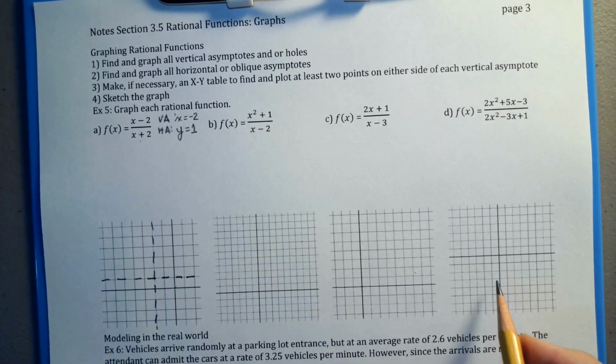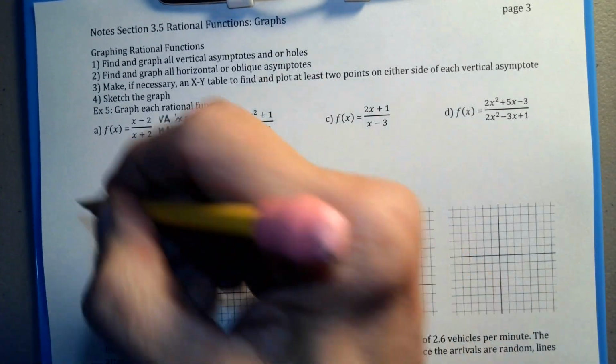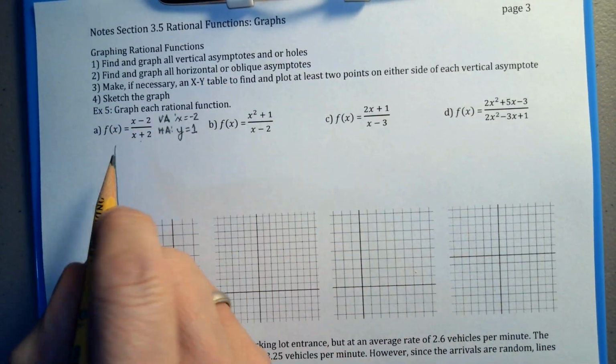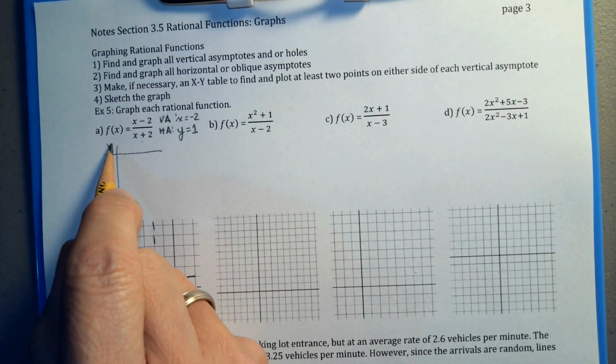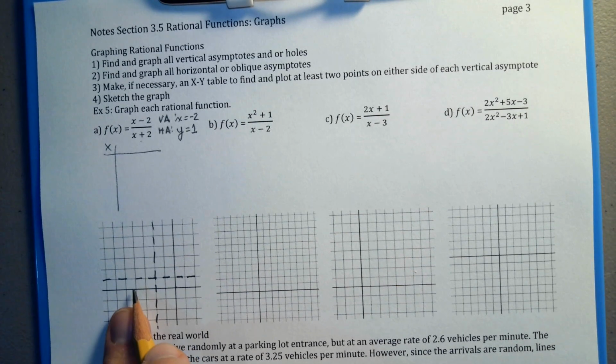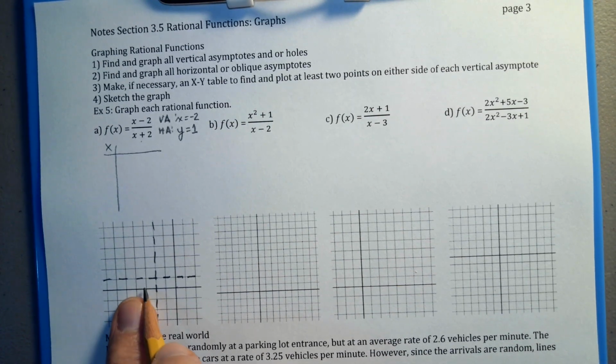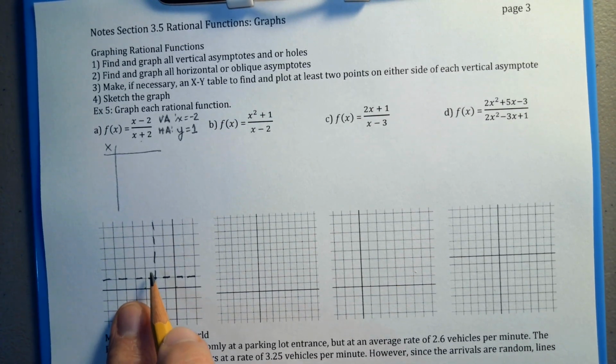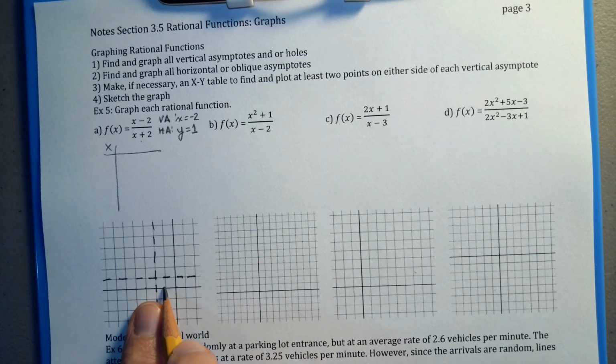Okay, so now this will help us decide what x values we're going to put in our table. Our x values are the 2 integers immediately to the left. Don't pick values out here. Pick values immediately to the left of the vertical asymptote and immediate integers to the right. So the undefined one is at -2.